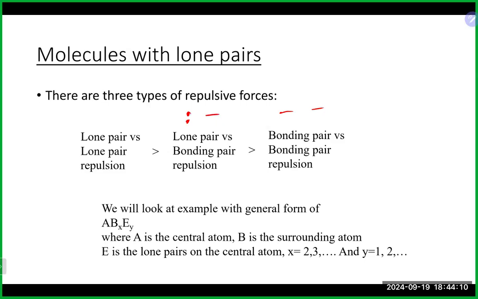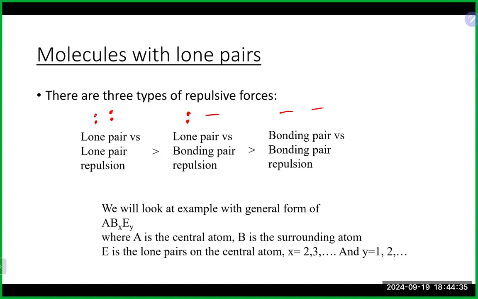The worst case scenario, where they want to get as far away as they can, and they're able to do that because they have less bonded atoms there, is when we have non-bonding electrons near non-bonding electrons. They will try to get as far away as possible from each other. They're able to do that once again because there's less atoms involved, because they're non-bonding electrons, so they're able to move a lot further away from each other.